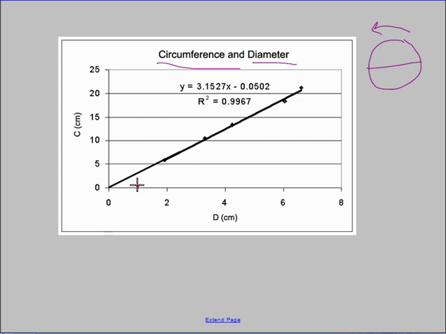If I follow that up, straight up to my graph, and then over to my y-axis, you're going to see something really, really neat happen. This hits the y-axis at approximately 3.